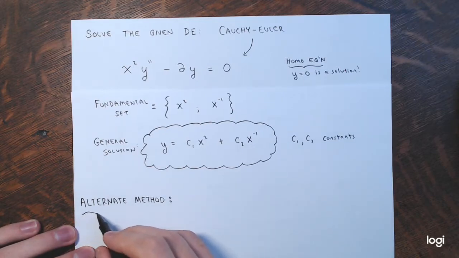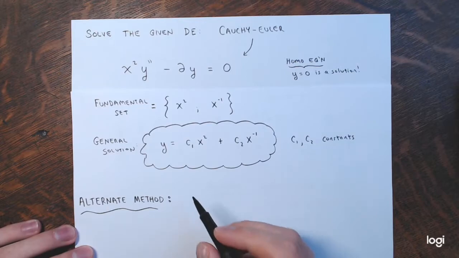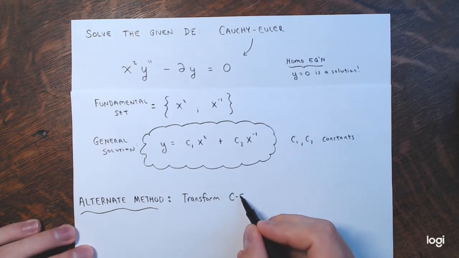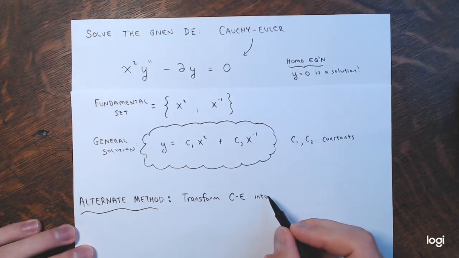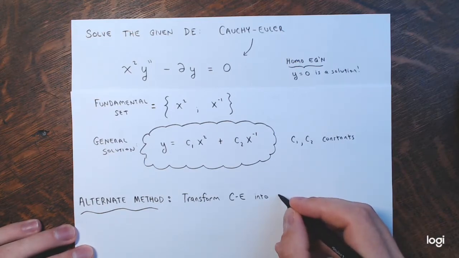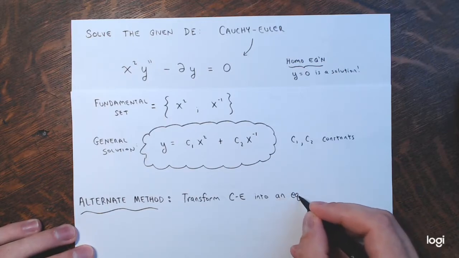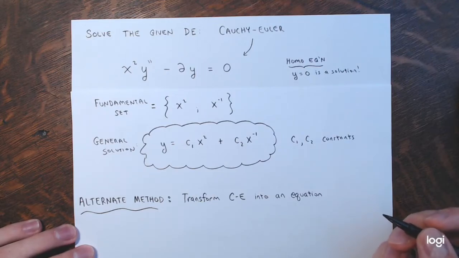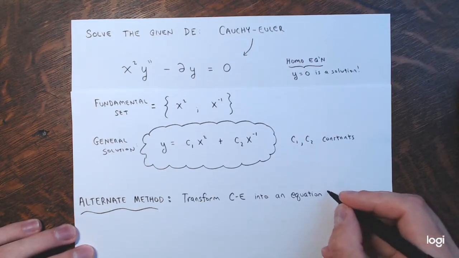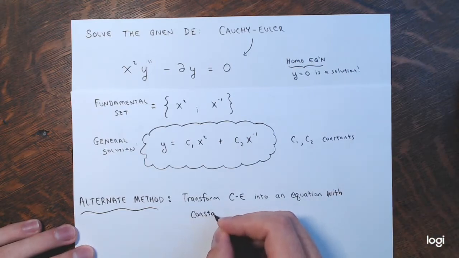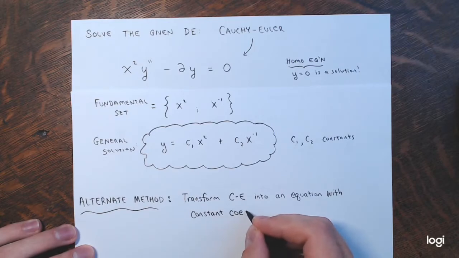So an alternate method of solution is to transform the Cauchy-Euler equation into an equation with constant coefficients, which again we know how to solve from earlier. Now how do we do this?